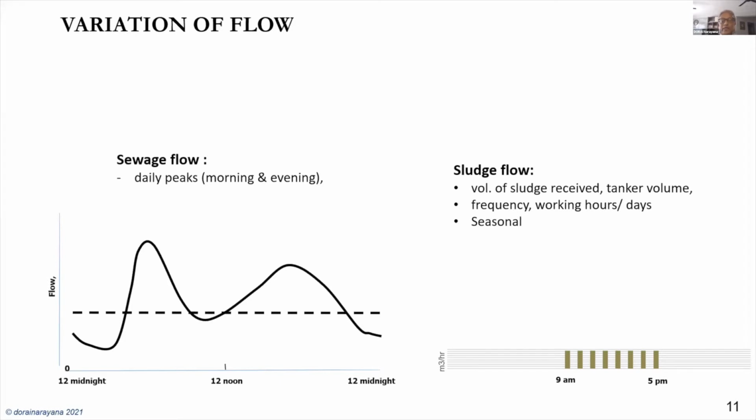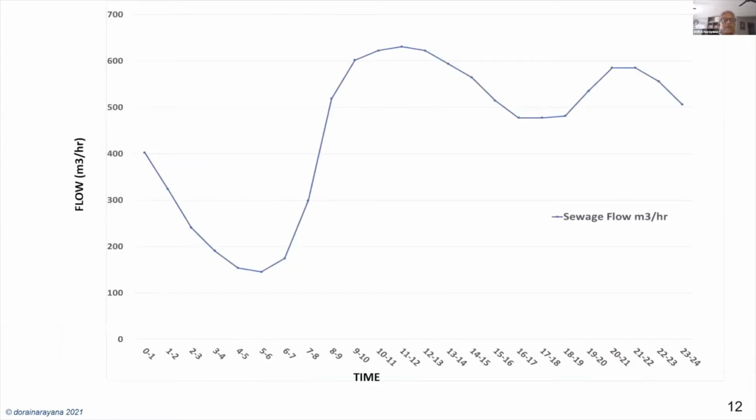There could also be a seasonal impact. And on weekends, if the tankers are not working or the reception facility is not working, you get no flow. So the pattern of flow of septage or fecal sludge is very different from sewage. So when we mix these two in a co-treatment scenario, you can expect a little bit of variation, right?